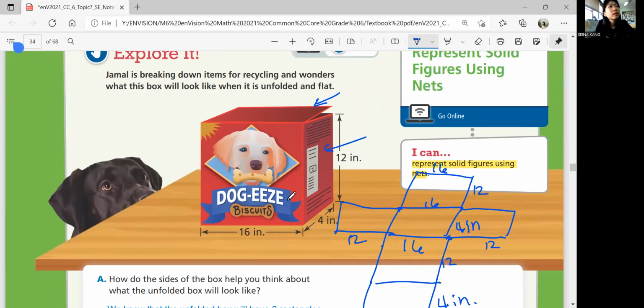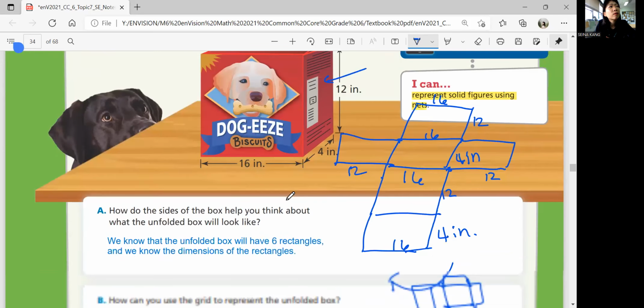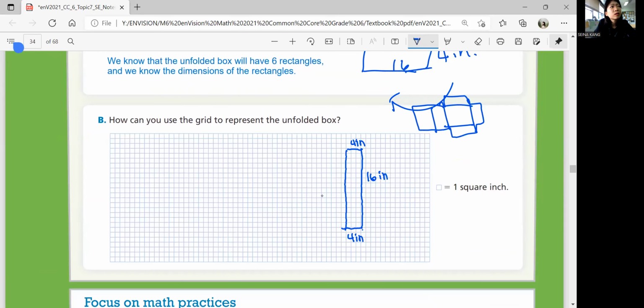And then we have this part where it's 16 by 12 inches tall. So that's still going to be 16, but we're going to count 12 from here.